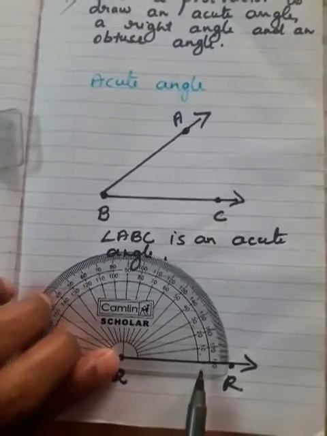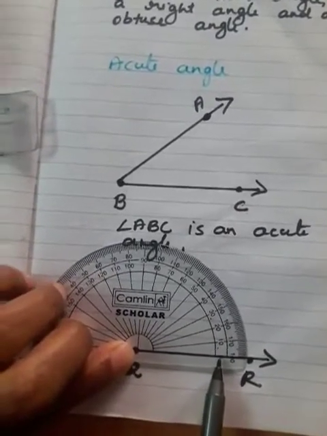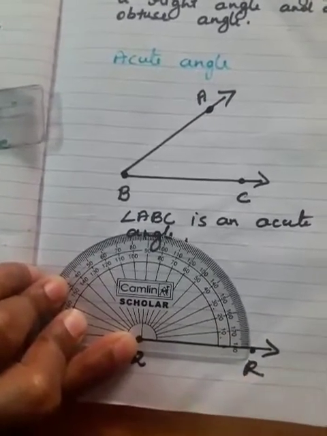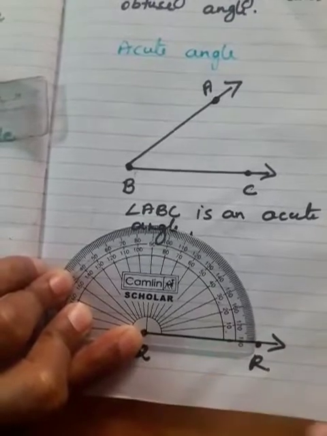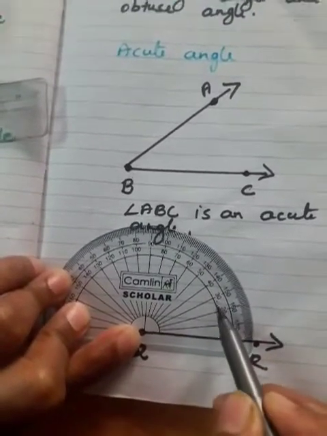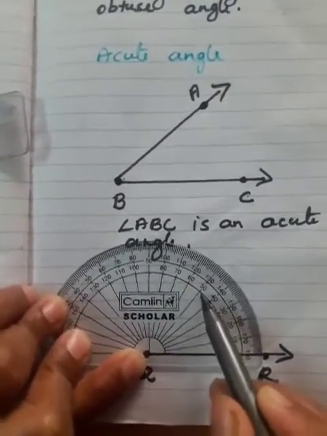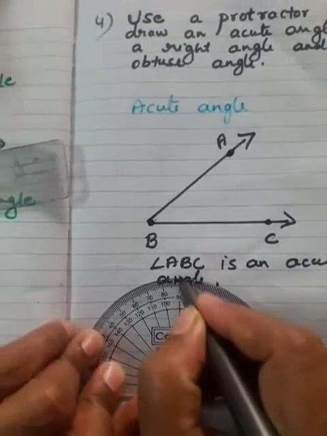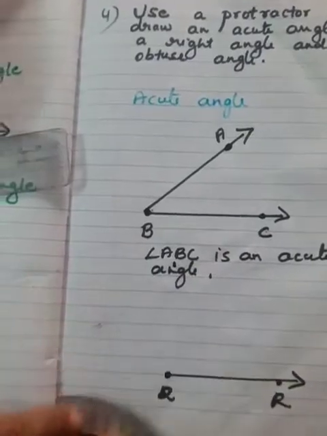Now start from 0. 0 is written over here. Right angle means, what is the measure of a right angle? 90 degrees. Make the mark at 90 degrees. 0, 10, 20, 30, 40, 50, 60, 70, 80, 90. So make the mark at 90 degrees.